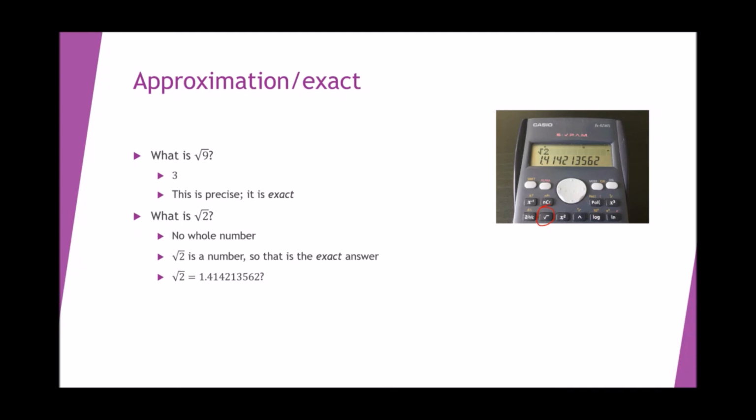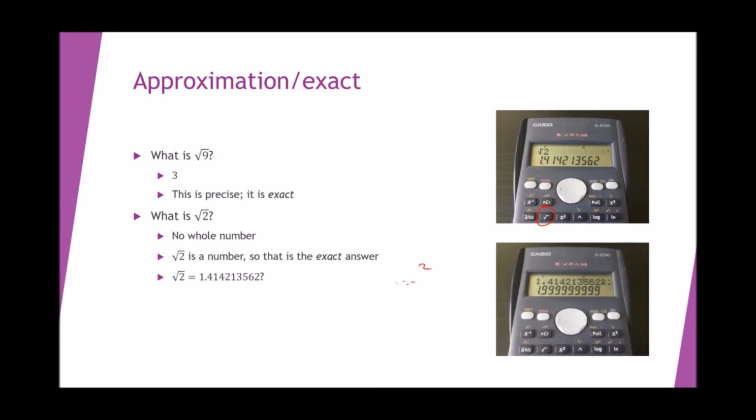But square root 2 must also be the number that if I do it to the power of 2, it gives exactly 2 again. So let's try that out. I type in 1.414213562 to the power of 2, and it turns out to not be exactly 2. So this number is not exactly square root 2.